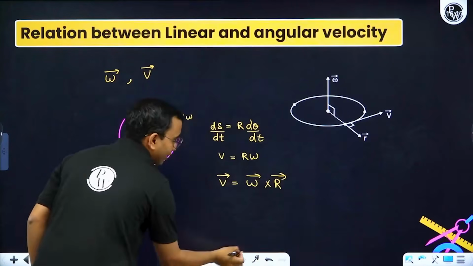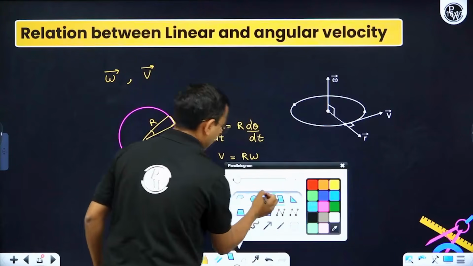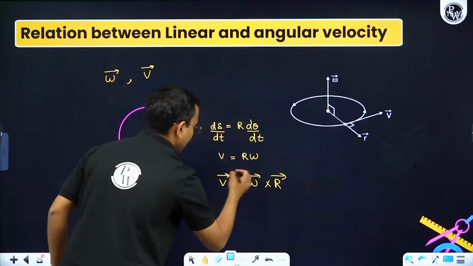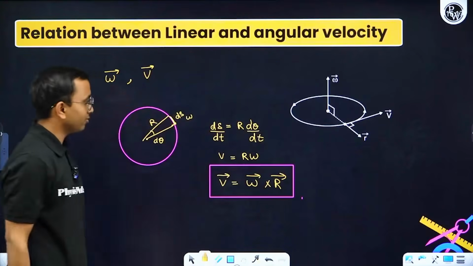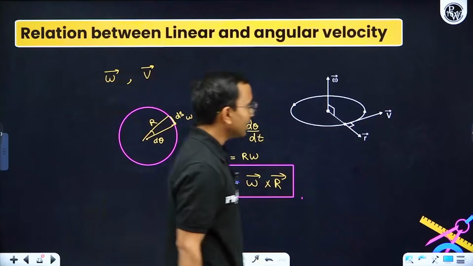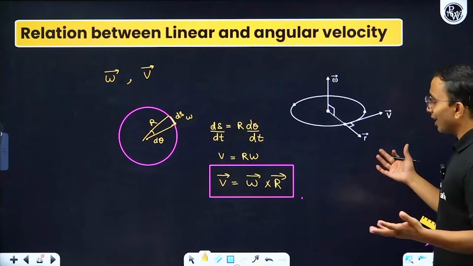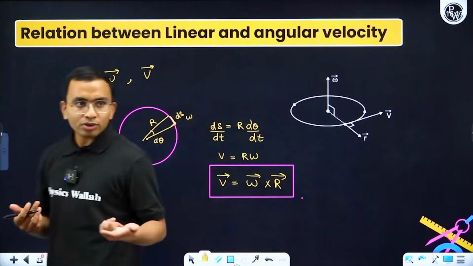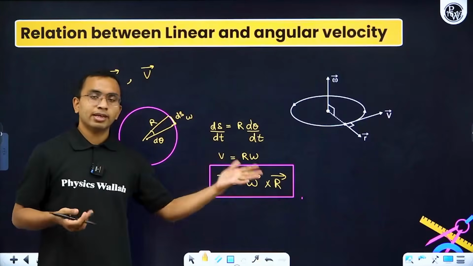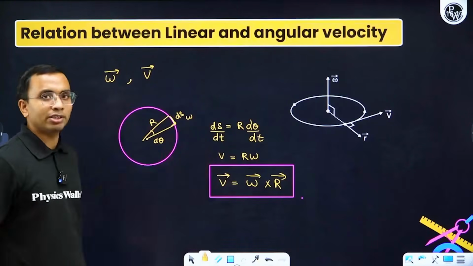This we write in vector form. When it is moving in a circle, v and r are perpendicular, the angle between them is 90 degrees. The magnitude of omega cross r is omega r sine theta, and sine 90 is 1. So v is equal to r omega. This is the relation between the magnitudes.